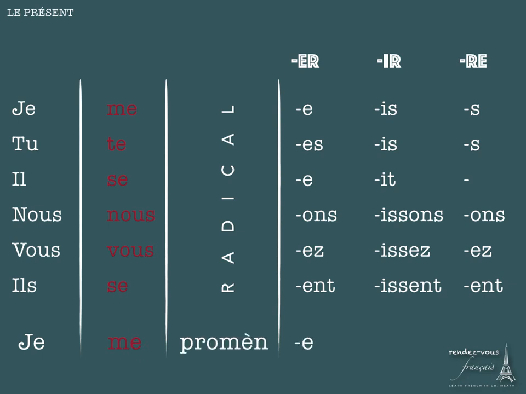Je me promène. So it's just that little word, that little pronoun that you should not forget between the subject and the verb. And it changes for each person. Me, te, se, nous, vous, se. So when we have two nous in a sentence after each other, it's not a mistake. Nous nous promenons is completely correct. It's just the reflexive verb se promener. And for all the tenses, it's going to work the same way.